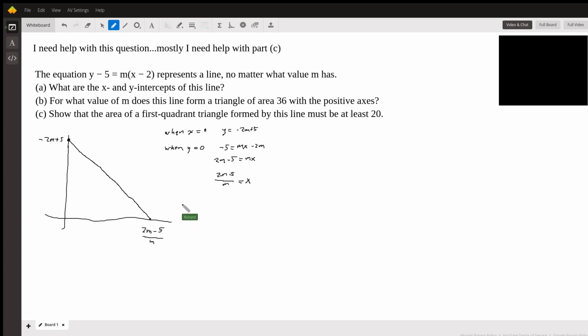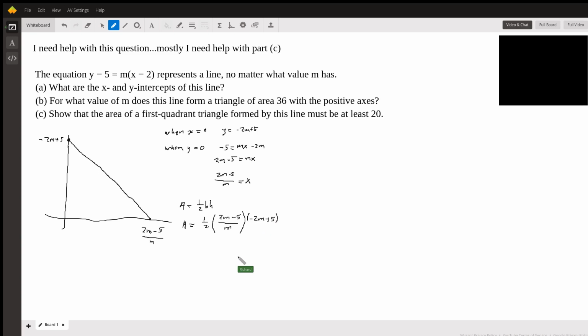Now we know the area of a triangle is 1/2 base times height. So in this case, the area of the triangle is going to be 1/2 times 2m minus 5 over m times negative 2m plus 5.